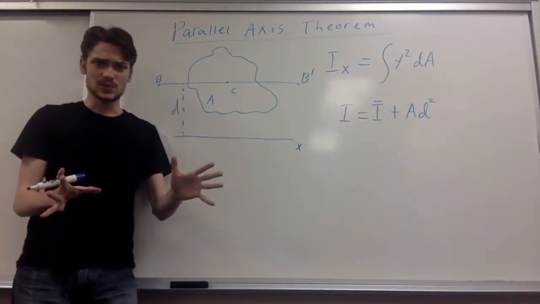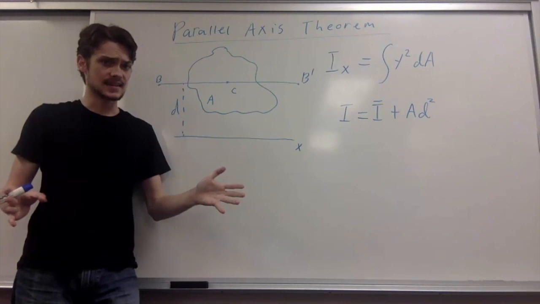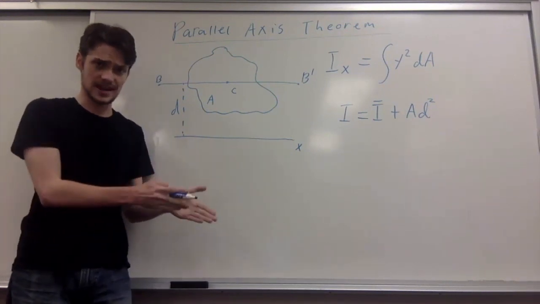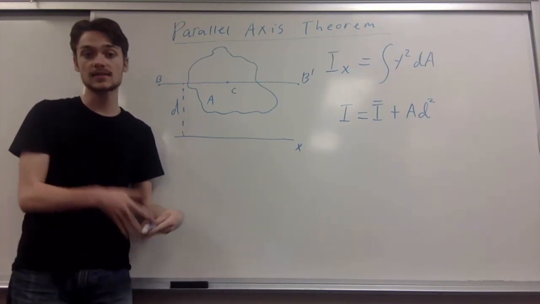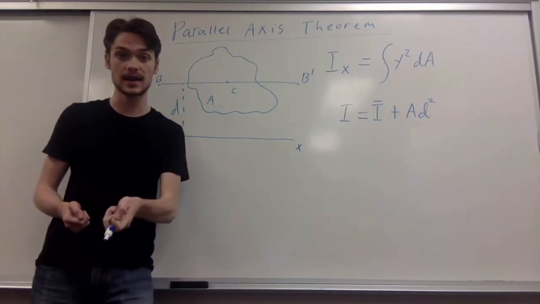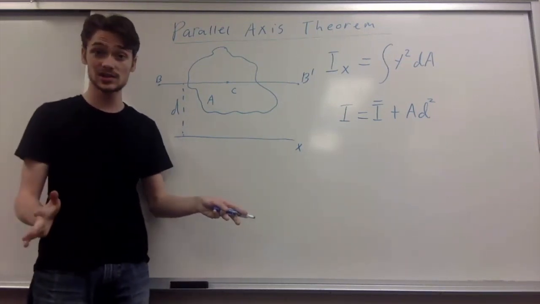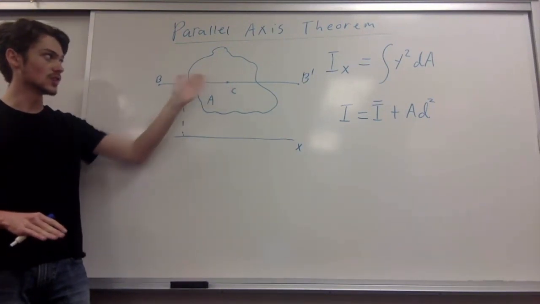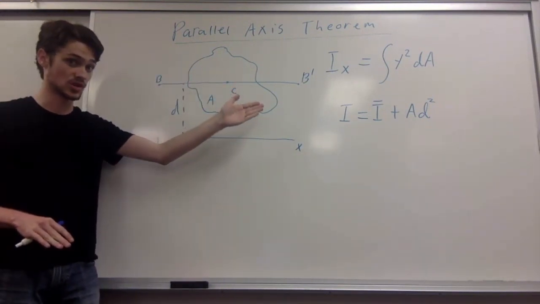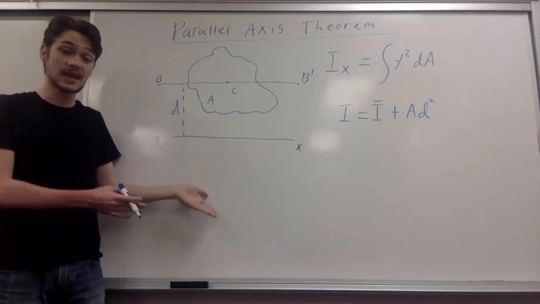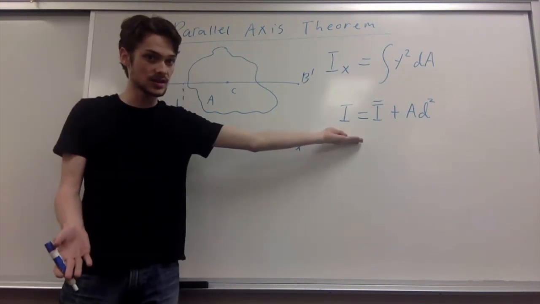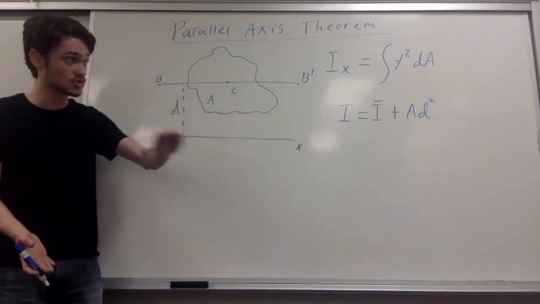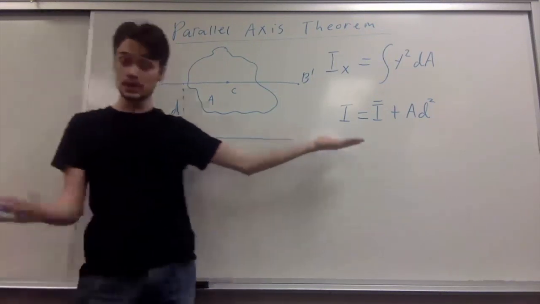This means that if we have literally any axis that is parallel to a certain axis, we can find the second moment with respect to that axis. It is extraordinarily useful. If you were given the moment of inertia with respect to, say, an axis running through the centroid on a table, and you calculated that, then what you could do is simply calculate the second moment of inertia with respect to the axis using the parallel axis theorem.